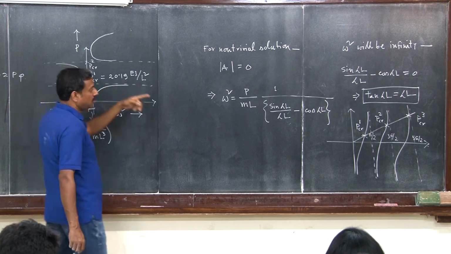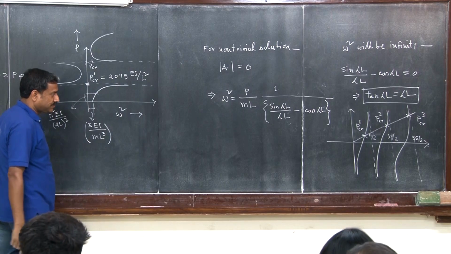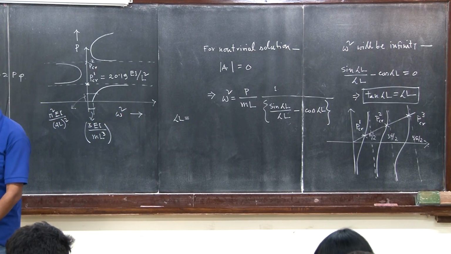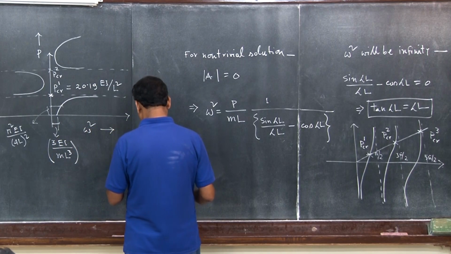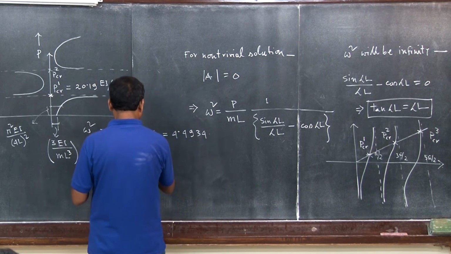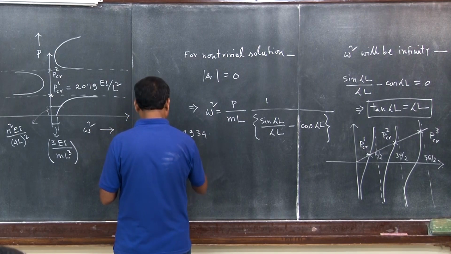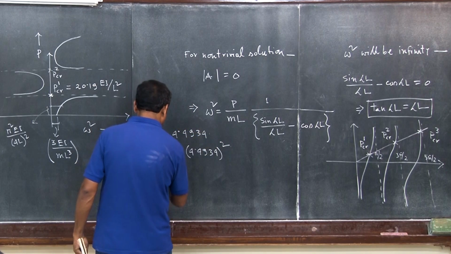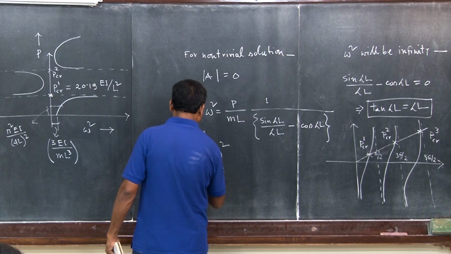So P critical 1 is basically 20.19 EI by L square, because λL is 4.4934, and then λ square means P by EI times L square is equal to 4.4934 square, and P critical is the same as 20.19 EI upon L square.